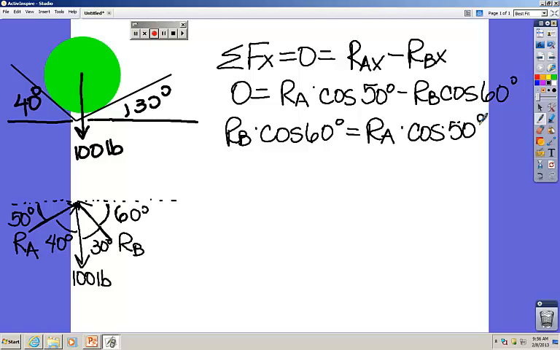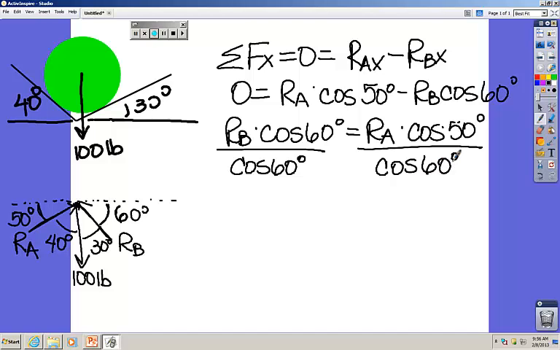Doesn't really matter which one. So let's solve for RB. We'll divide both sides by the cosine of 60 degrees, and we end up with RB equal to RA times the cosine of 50 degrees divided by the cosine of 60 degrees. When we do that, we get RB is equal to 1.286 times RA.